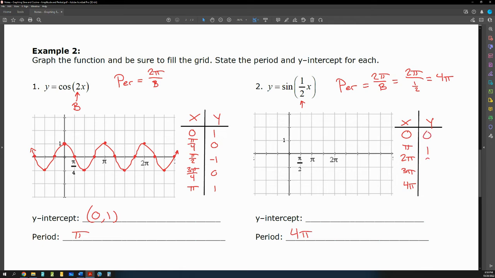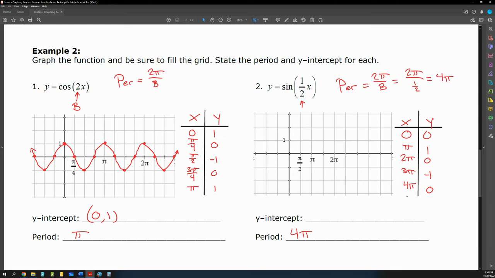So we have 0, 1, 0, negative 1, and 0. And if you're ever in doubt, you can always plug in those values. So sine of 1/2 times 0, well, 1/2 times 0 is 0. Sine of 0 is 0. Plug in pi. Sine of 1/2 times pi is sine of pi halves, which is 1. And so on for 2 pi, 3 pi, and 4 pi.